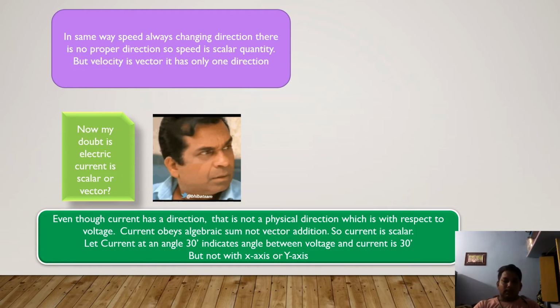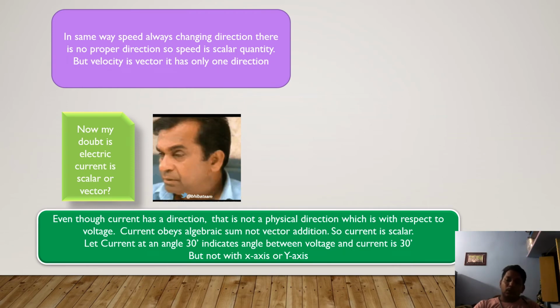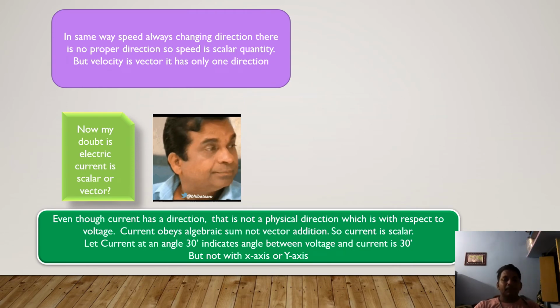So current is a scalar. That current I is at an angle of 30 degrees indicates that 30 degrees is the angle between voltage and current, but not with the x-axis or y-axis.